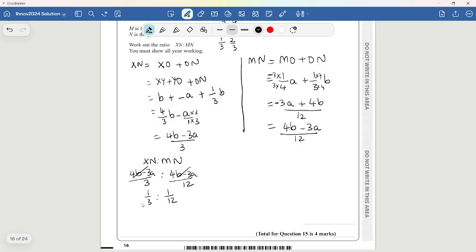Now 1/3 to 1/12 can be written in a similar form, times 4. So I get the denominator 12 and the numerator is 4. Here is 1 over 12. So the denominators can be cancelled further, to get the ratio for XN to MN as 4 to 1.